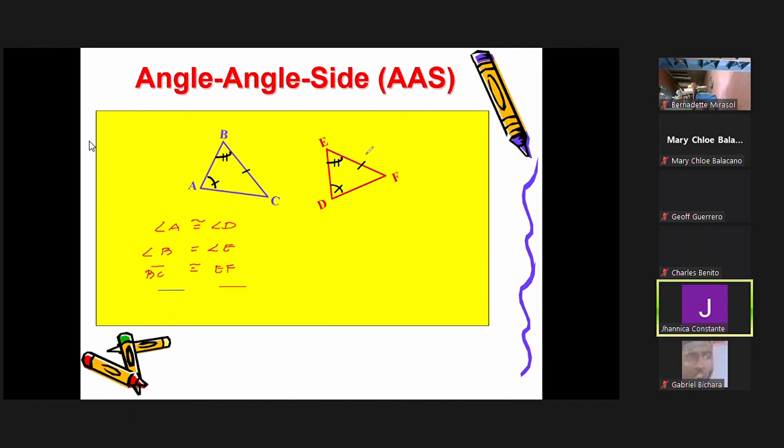Okay, so this is the application of the postulate angle-angle side.